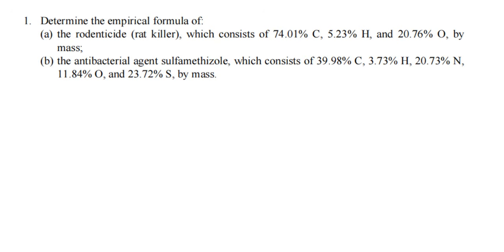In this case, we're trying to find the empirical formula as well. So we're going to assume it's a 100-gram sample, so all the percentages are going to be masses. Allow me to write carbon, hydrogen, nitrogen, oxygen, and sulfur. What do I have as a percentage for carbon?